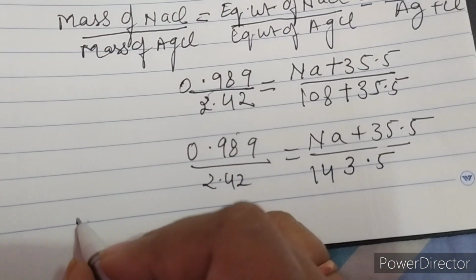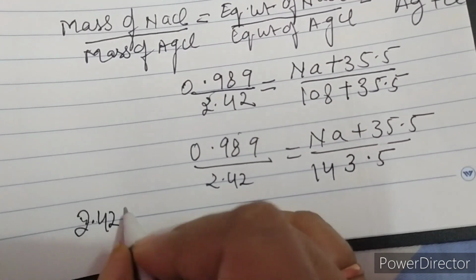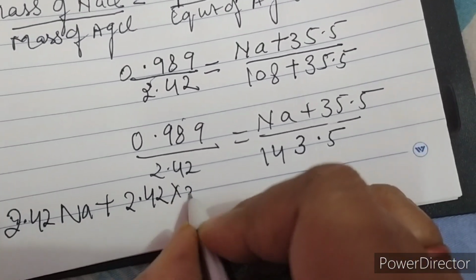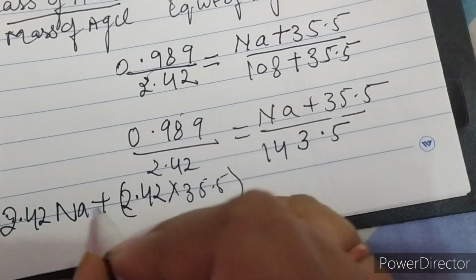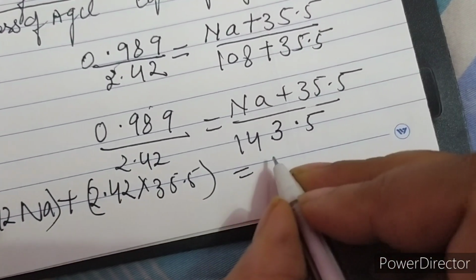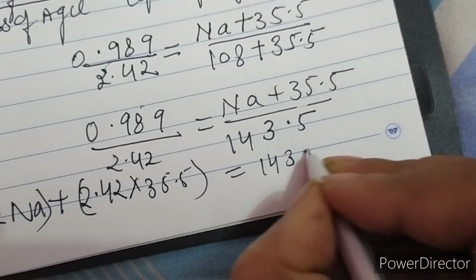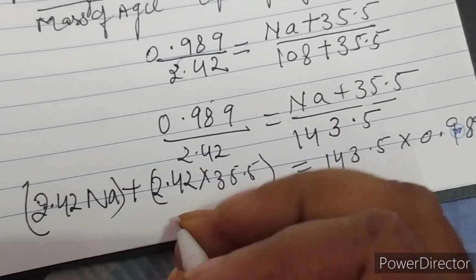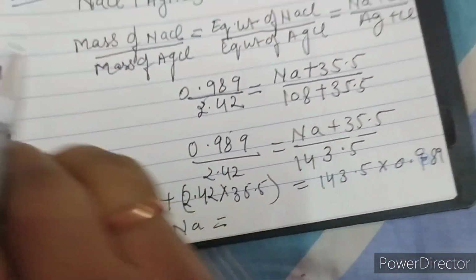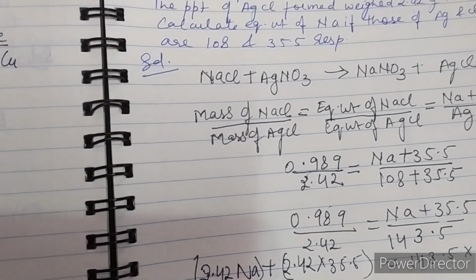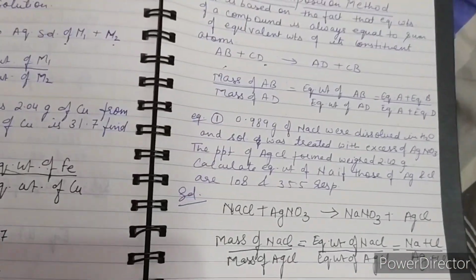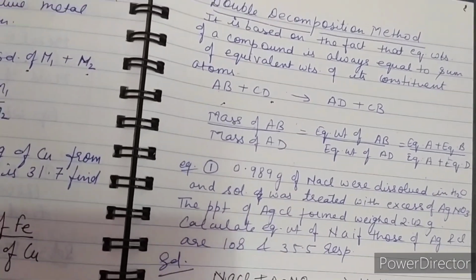If you cross multiply, you will get like this: 2.42 Na plus 2.42 into 35.5 is equal to 143.5 into 0.989. Now on sorting this out, you will get the sodium equivalent weight. I have already solved it, and it comes out to be 22.9.